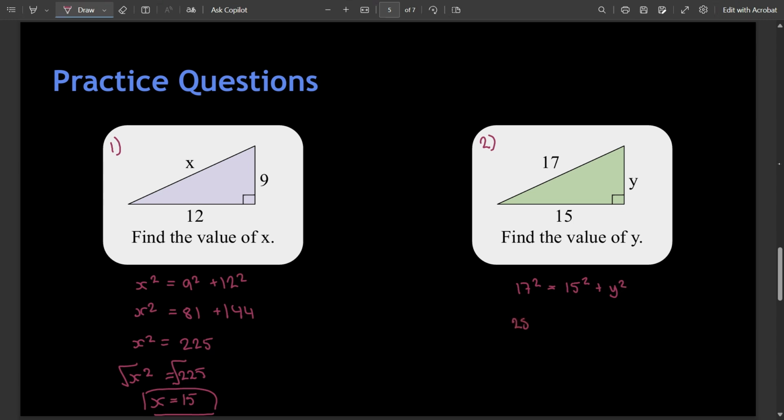So 289 is equal to 225 plus y squared. And now we need to isolate the y, so we take away 225 from both sides. And we're left with y squared is equal to 64. And then we square root both sides. So y is equal to 8. And that's our final answer.